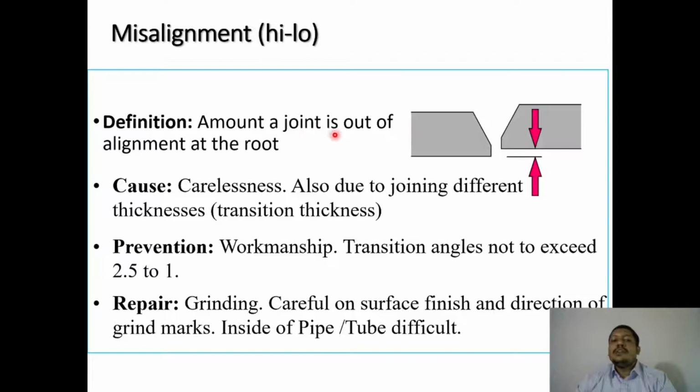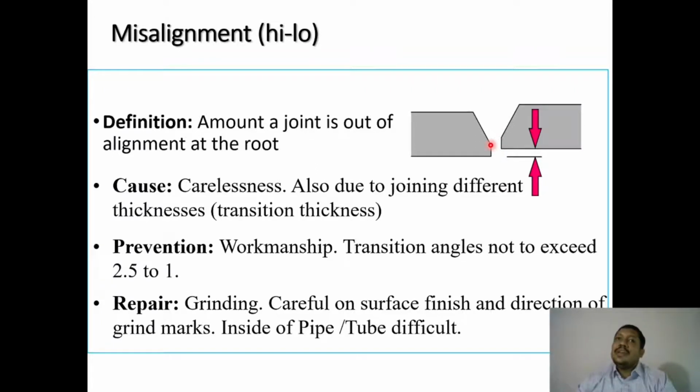It is the amount a joint is out of alignment at the root. The bottom part of the weld is called the root. If the roots are not aligned properly, or because of variation in thickness or transition thickness, misalignment will come.